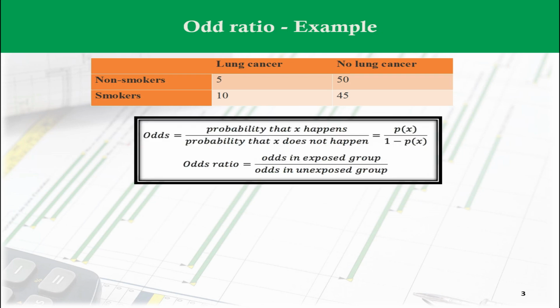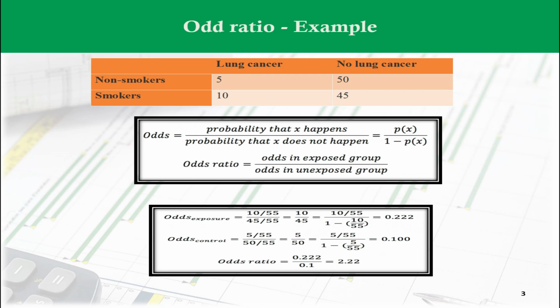Odds ratios are most commonly used in gambling and are calculated with the equation below. In our example in the table, the odds ratio would be calculated as below. Whereas probabilities can only adopt a value between 0 and 1, odds may have any value from 0 to infinity.